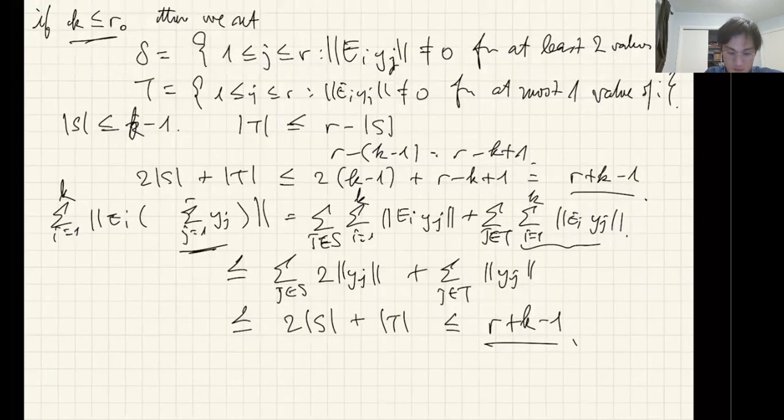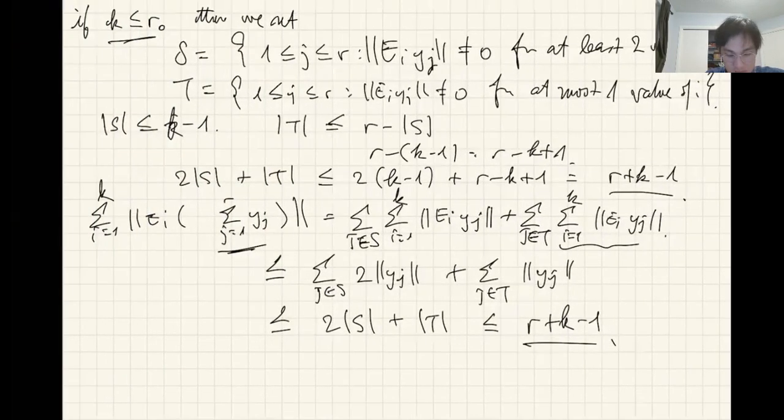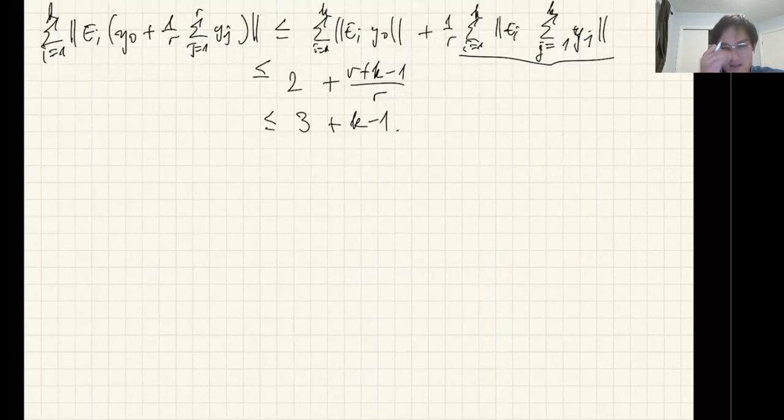Okay, but k minus 1 is less than r_0. I wrote n_0. Oh, n_0 is r_0. Sorry, I don't know if I used n_0 or r_0 in the notes. But anyway, so we have that this over r is less than or equal to 3 plus r_0 over r.